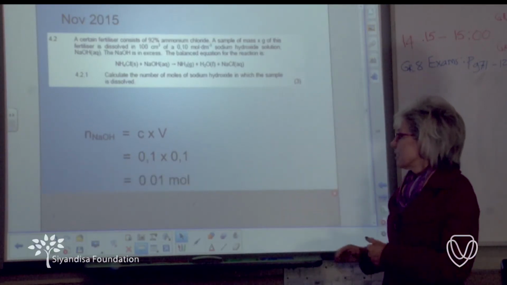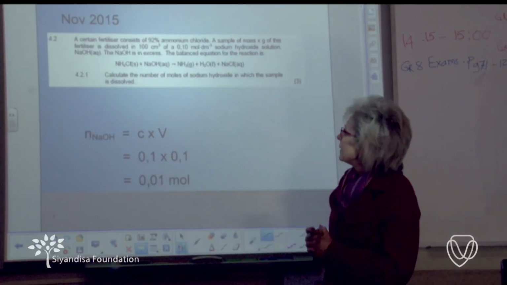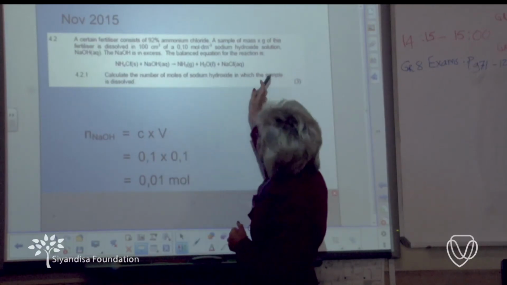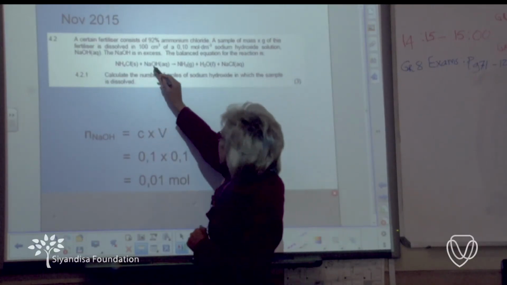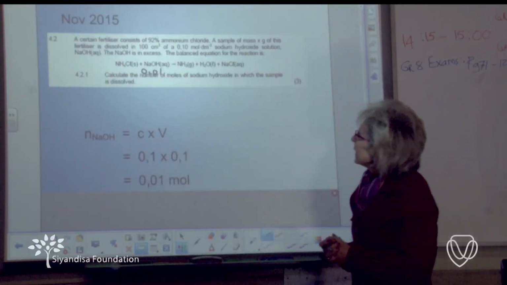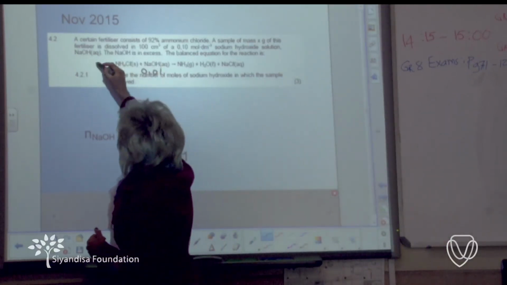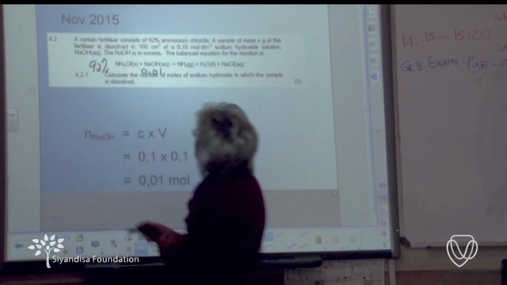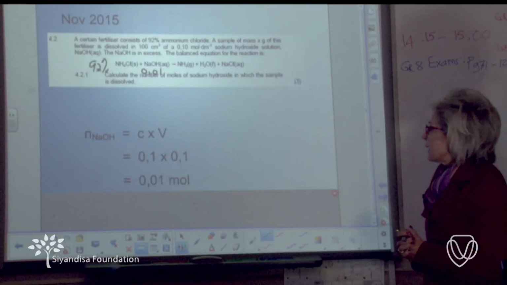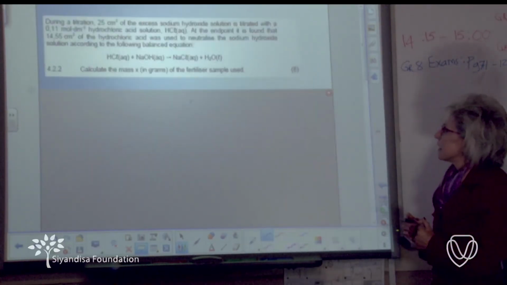And that then gives us 0.01 mole of sodium hydroxide. So for the values on my balanced equation, for sodium hydroxide I've now calculated that it is 0.01. And I also know the fertilizer contains ammonium chloride, that is 92% ammonium chloride. Okay, we will look into the actual question that followed here.